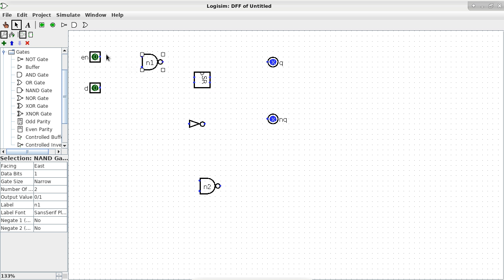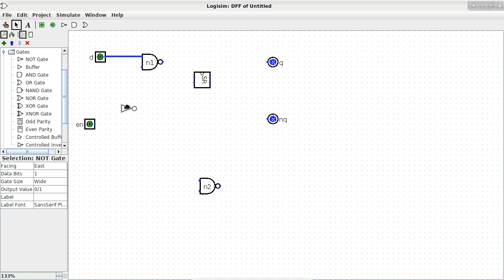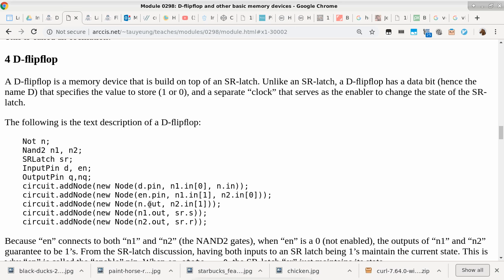So the D pin goes up. Okay, so it goes to one of these, and then we have the NOT gate here, and the D pin hooks up to the only input of the NOT gate, like so. So that's one node.